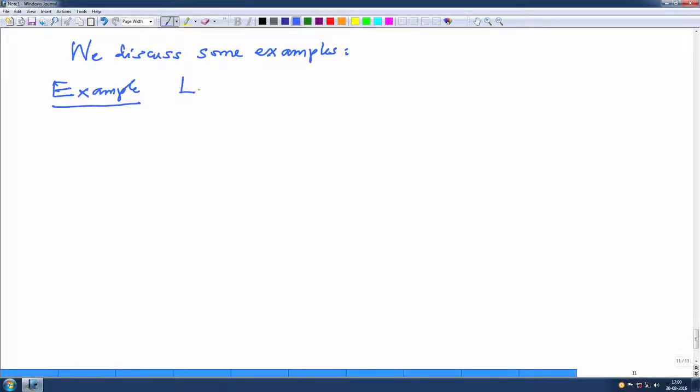Suppose V is a one dimensional K vector space. That means V has a basis consisting of one element. So, V is Kx, where x is any non-zero vector.